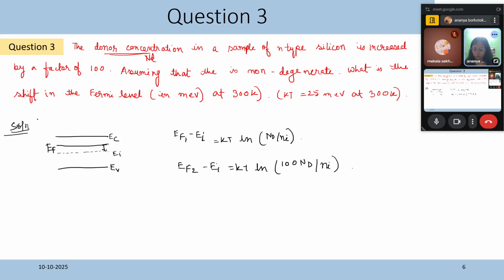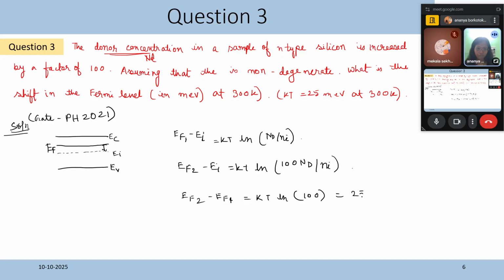This was a good physics 2021 question. So EF2 minus EF1 is kT ln of 100. What will this value be?